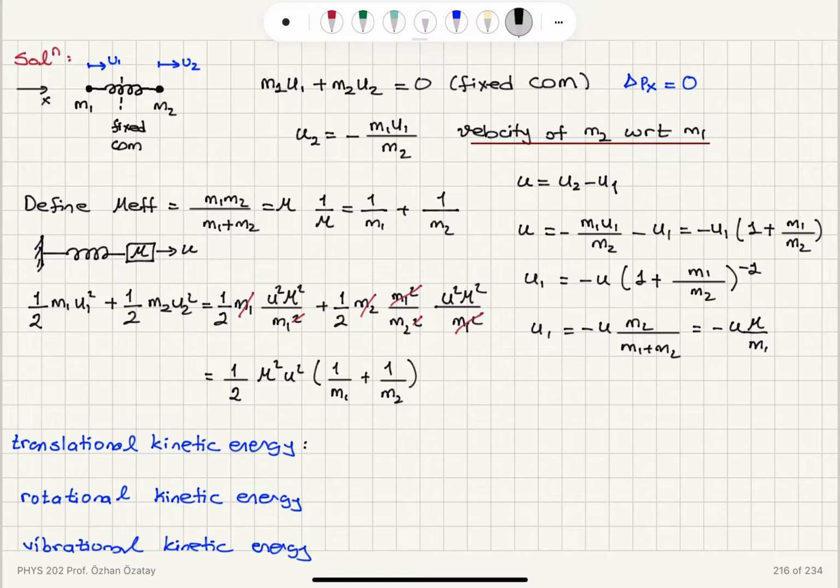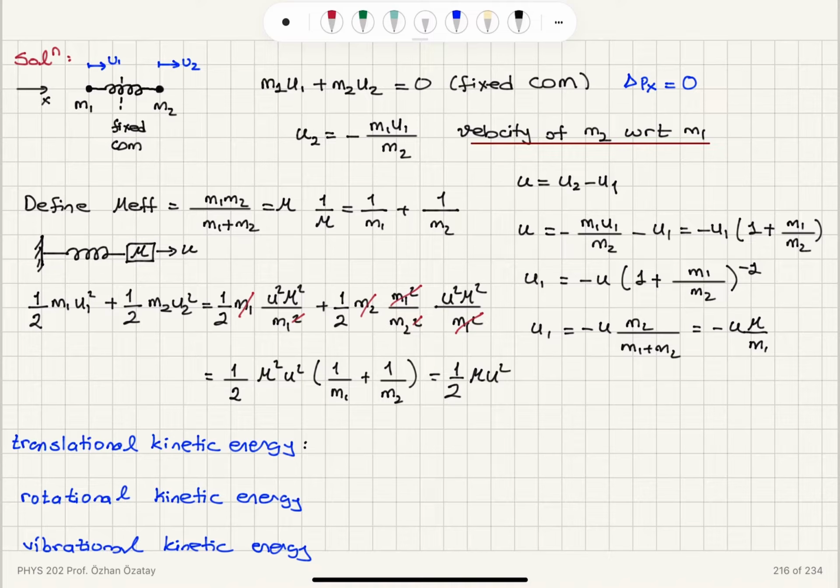But 1 over m1 plus 1 over m2 is 1 over mu, so this is nothing but 1 over 2 mu u squared. So this tells me that the kinetic energy of this system, considering the center of mass reference frame, can be written in terms of an effective mass, mu effective, that is attached to this spring. So its total kinetic energy is just equivalent to that of a single mass that would be attached to this spring.